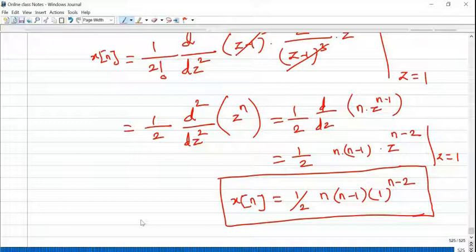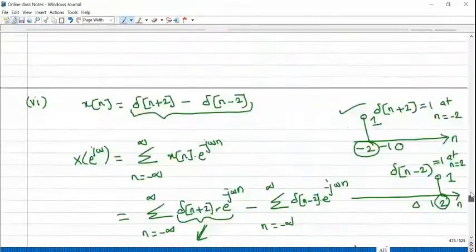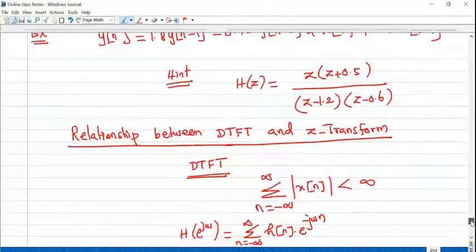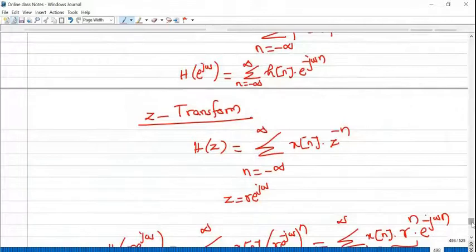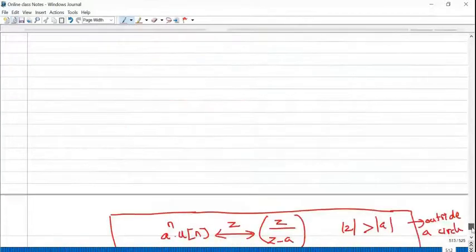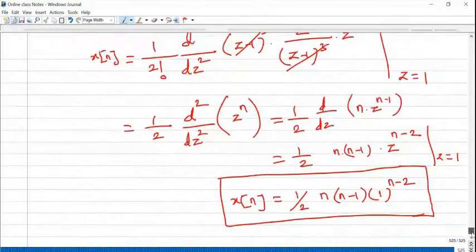Okay, so I think we covered all the problems: Z transform basic problems, as well as problems using properties and relations, and stability checking.